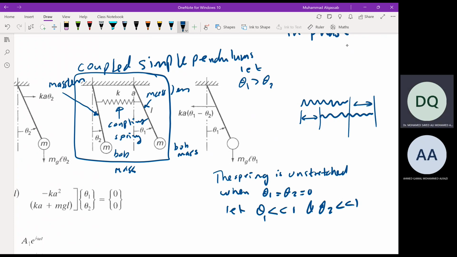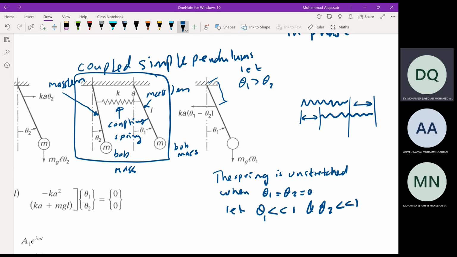The distance on the left side is A, because A is the location of the spring on the bar from the pivot. So the horizontal distance will be A sine theta 2 here, and this point will be A sine theta 1, and sine theta 1 is theta 1.